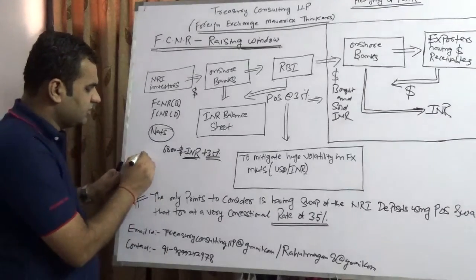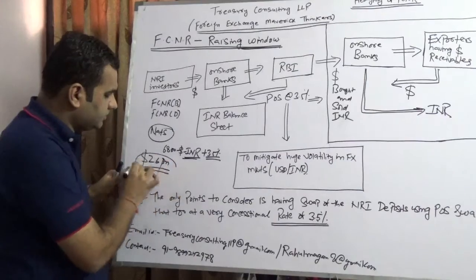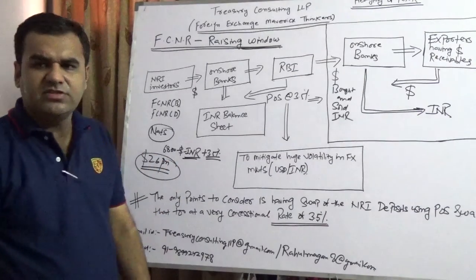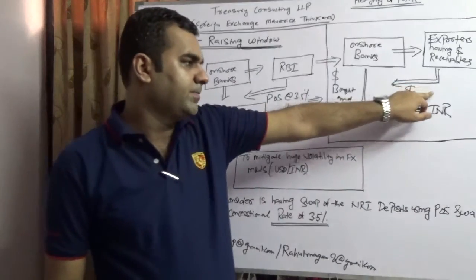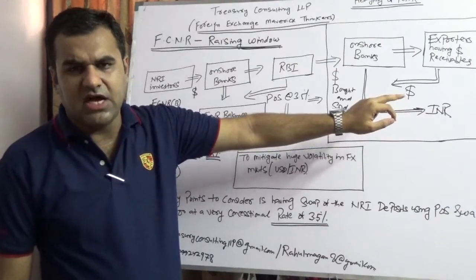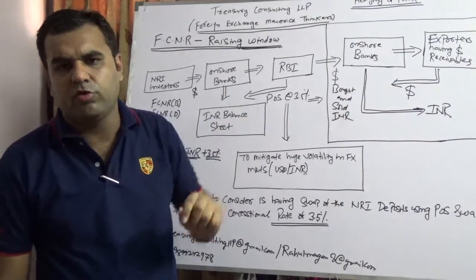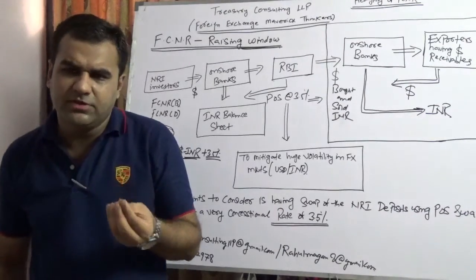Secondly, how the exporters would behave. As corporate treasurers, we all understand that exporters are always known for rolling over their positions. Now, in the next video, we are going to use the word economic shock.